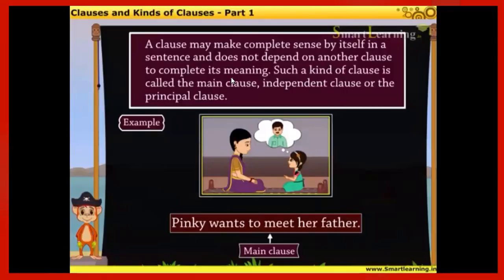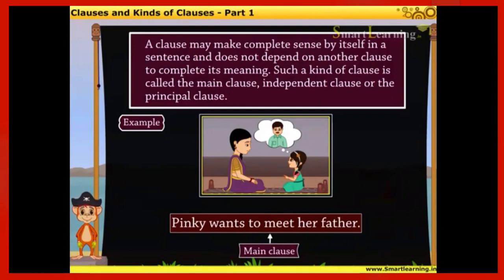So a clause may make complete sense by itself in a sentence and does not depend on another clause to complete its meaning. Such a kind of clause is called the main clause, independent clause, or the principal clause. That means it has three names. Either we call it the main clause, or independent clause, or the principal clause.